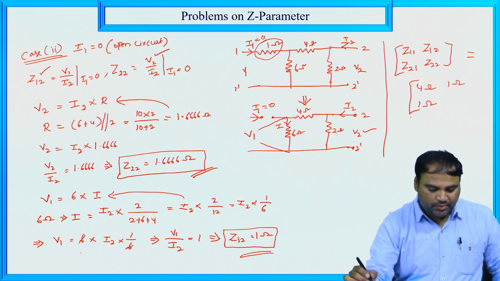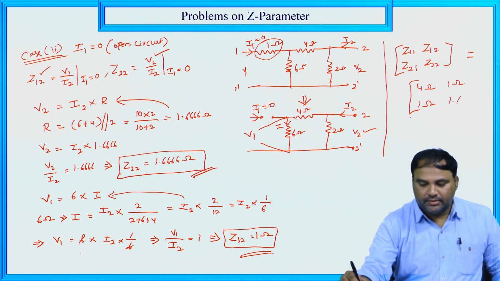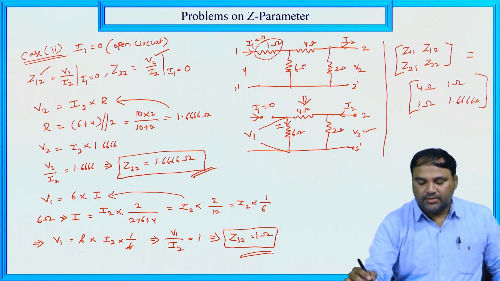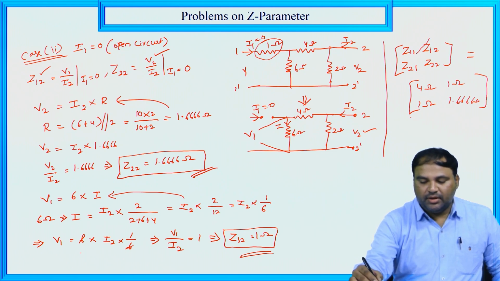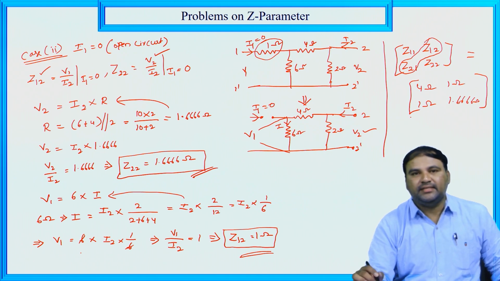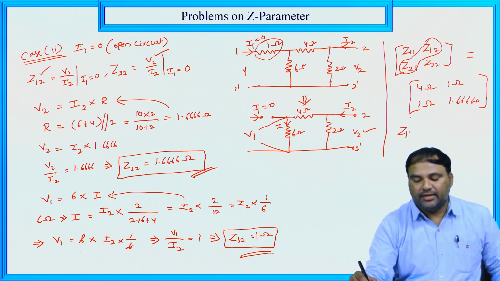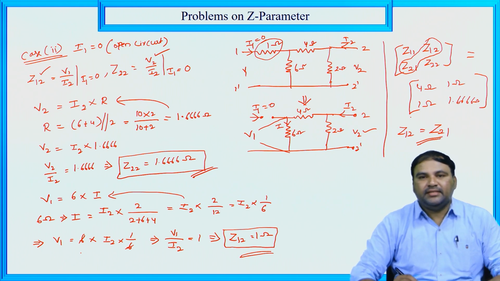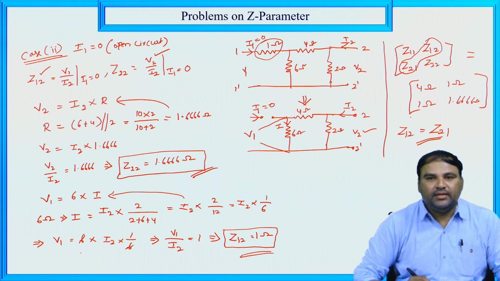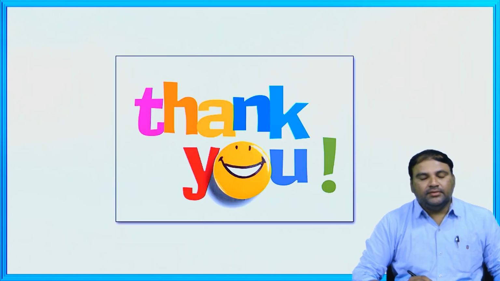What is Z22? 1.6666 ohm. So in that case, these two are equal. When these two are equal, the reciprocity is verified. So Z12 is always equal to Z21. Only then is the Z parameter verified. Okay, this is one problem on the Z parameters. So thank you one and all.